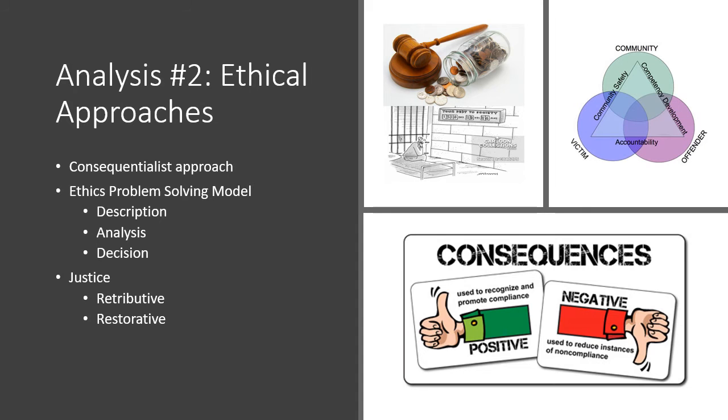Probably the first ethical approach that comes to mind when confronting the situation is the consequentialist approach. If I was an operator who came across this situation, right away I know I need to calibrate down. I know that this is going to cause the CT to drop below the 450 required minimum by the state, and I know we're going to start violating. So one of the first things that pops into my head is the consequences for doing the right thing. My boss is going to get upset.